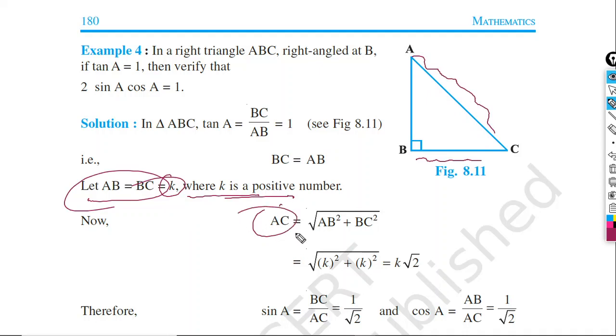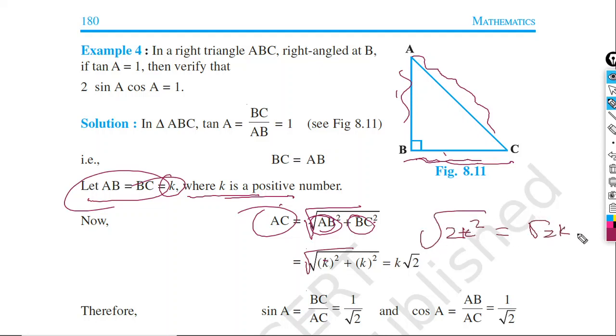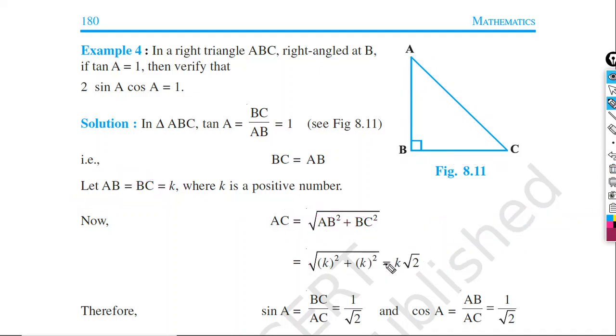So AC will be equal to root over AB square plus BC square. AB we had assumed as K, BC also K, because both are the same. So root over K square plus K square equals root 2K square, equal to root 2 K. So K root 2 is the length of AC.